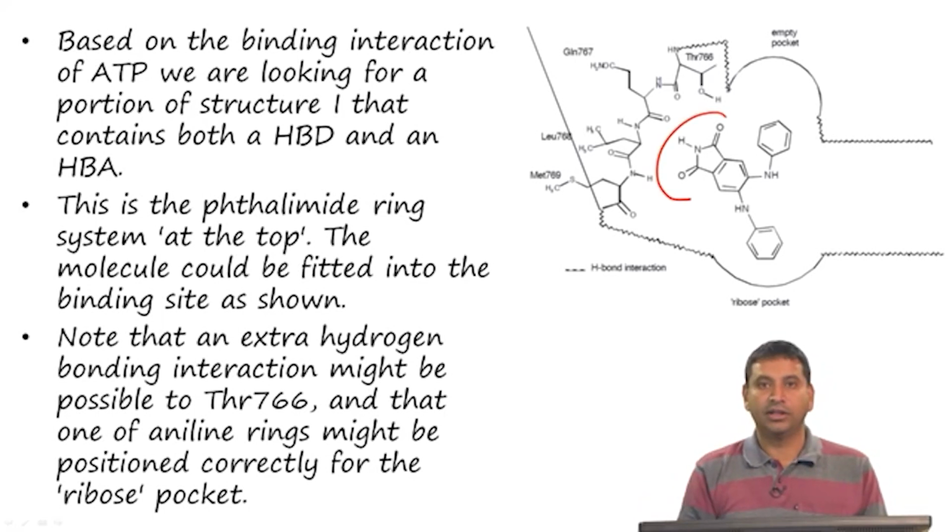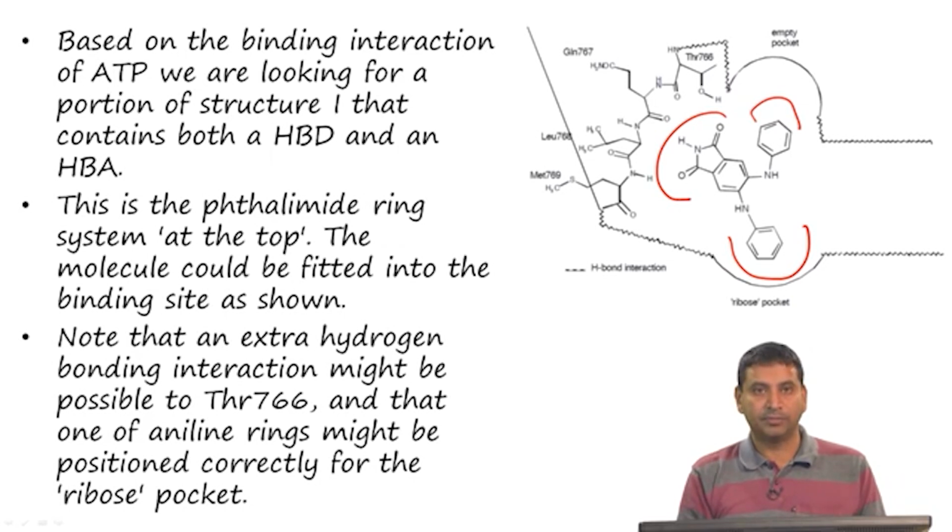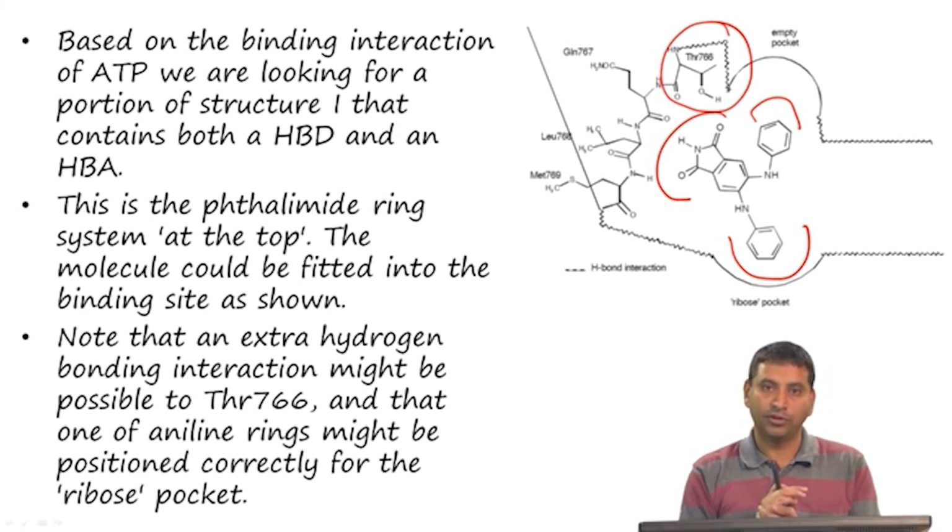So, you have the hydrogen bond donor acceptor system over here, and here might be the ribose binding pocket, and since there is an empty binding pocket, one can propose that the aniline would interact there. So, if you fit it in the following manner, it appears that it could be an optimal fitting. So, the extra hydrogen bond interaction is possible with this residue as shown here, and that might increase the fitting, or it might increase the stability of the interactions.